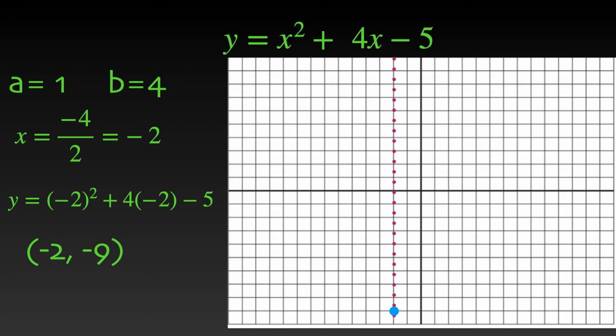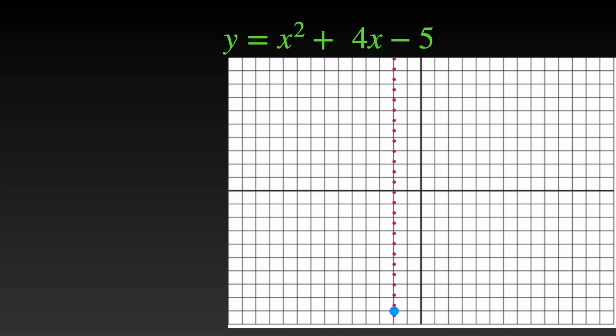So let's make some points. All right, so now I like to use 0. Please write down 0 as one of the points you're using for x. And remember, we talked about this in the last video, that anytime I use 0 for x, my y-intercept is going to be the constant.